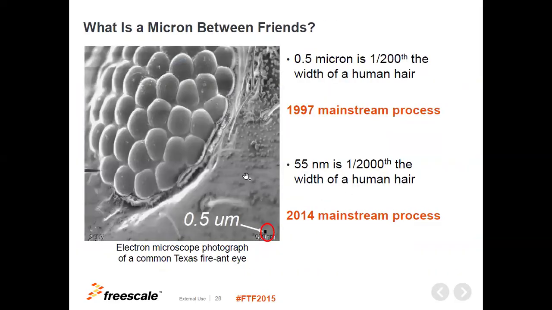But let's go. When we are talking about silicon and integrated circuit technology, we are working on the level of the micron. Okay, a micron is basically one over 200 of the width of a human hair.